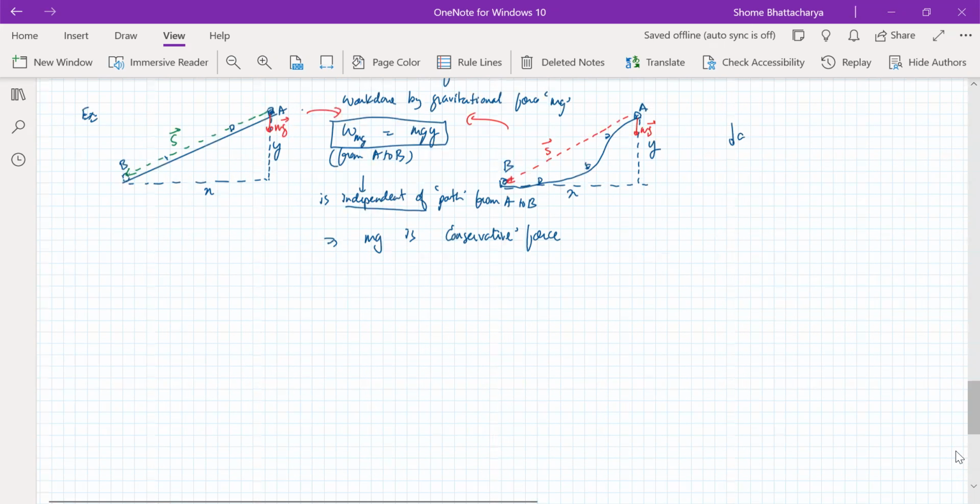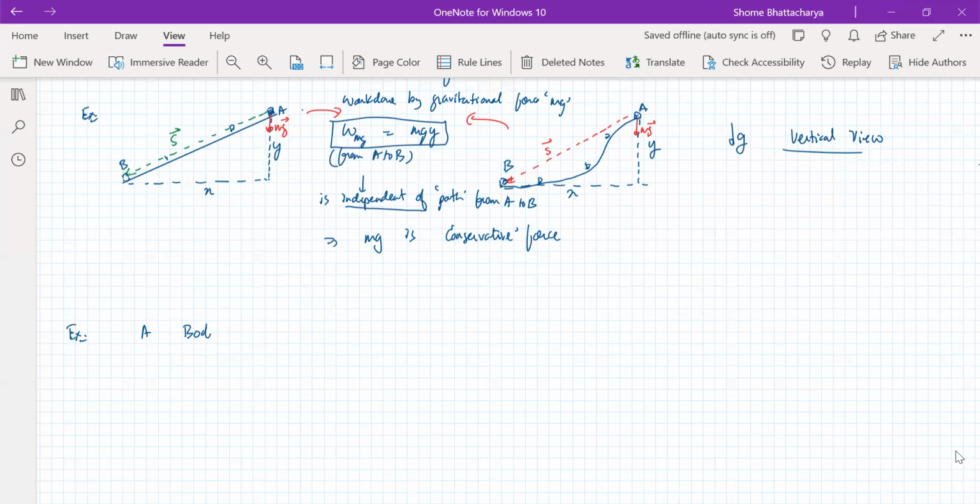This is a vertical view. Now, the next example we are seeing is a body made to slide on a rough horizontal surface.